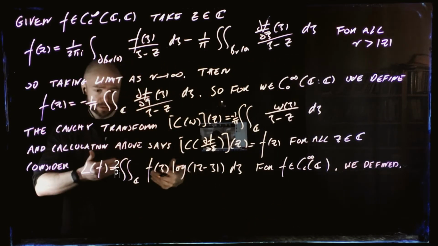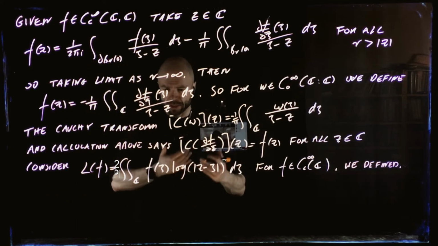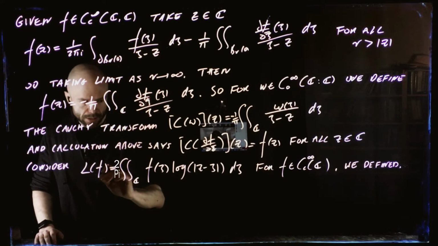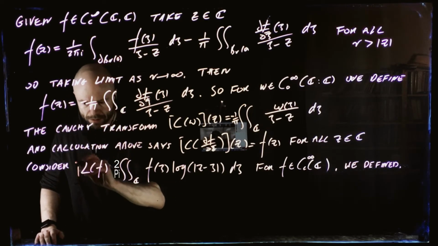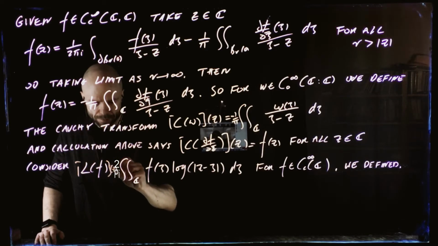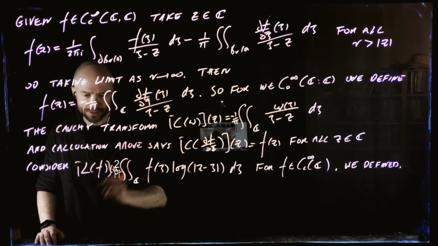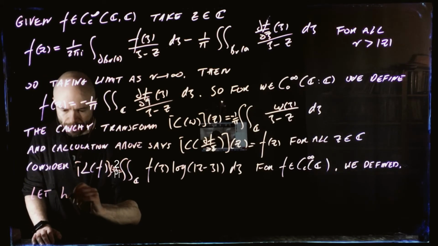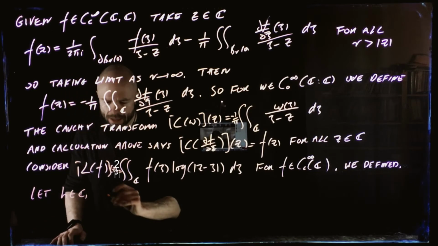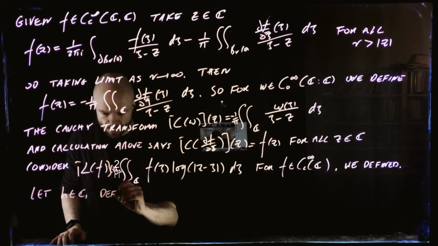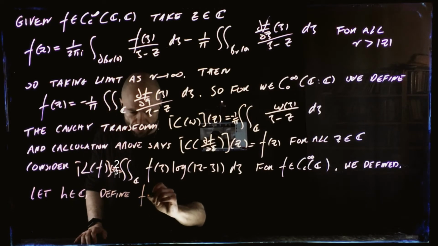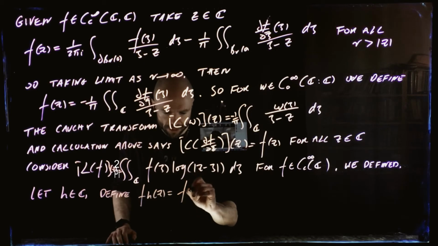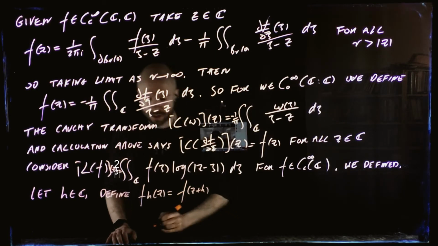What is cool about this operator is that it works well with translations. Let's write that down. Let h be some complex number, and define f_h of z to be f of z plus h, shifting forward by h.